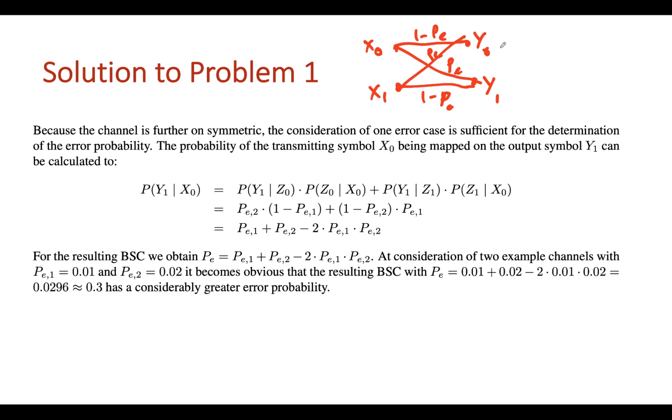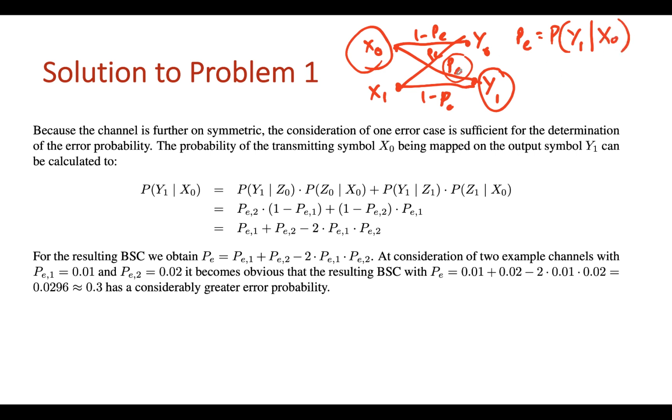So actually your PE is a conditional probability. If you imagine the transmission of x0 and you are receiving y1, that accounts for this PE. So PE is the conditional probability that you have received y1 given that you transmitted x0.